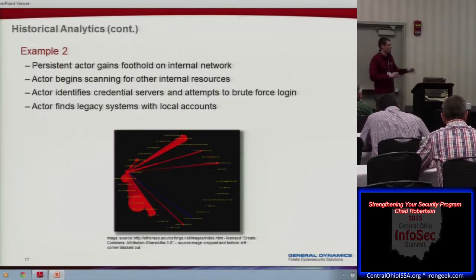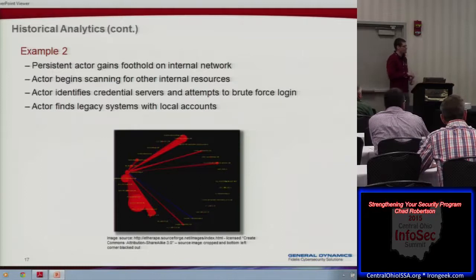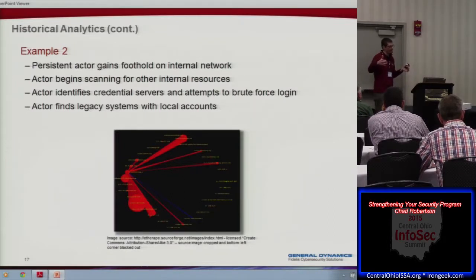But if you can start to detect that traffic, and then start to align it to some of these other individual indicators, and you can form behaviors, and you can start to look at those behaviors over time, historically. So this happens, and then something else happens, and then something else happens, and you find out about it 15 days later.